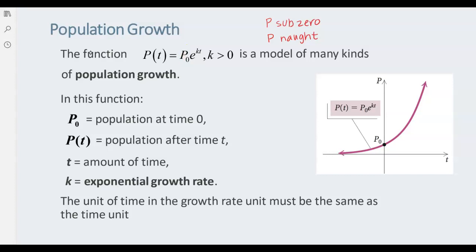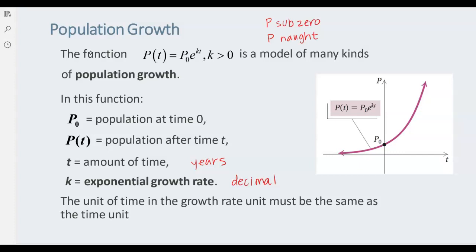E, of course, is the exponential number. K is the rate of growth, and again, we always have rate of growth as a decimal number. And then time is typically in years. And then P of t is the amount of the population after a given amount of time.